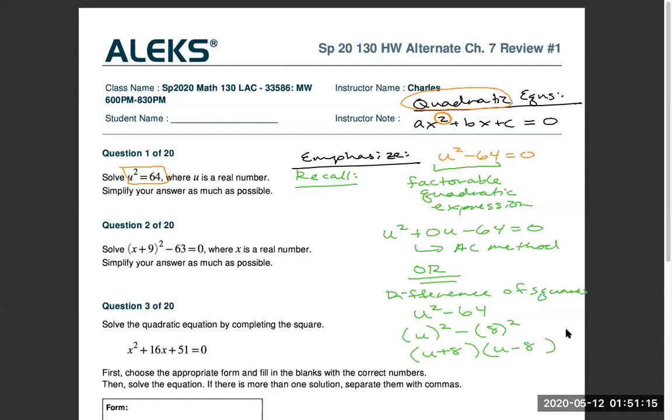So before, what we would do in order to solve an equation like this was set this equal to 0, and then we say, oh, the zero product property tells me that u plus 8 can be 0 or u minus 8 can be 0. So I get two answers here, negative 8 or positive 8 for u.